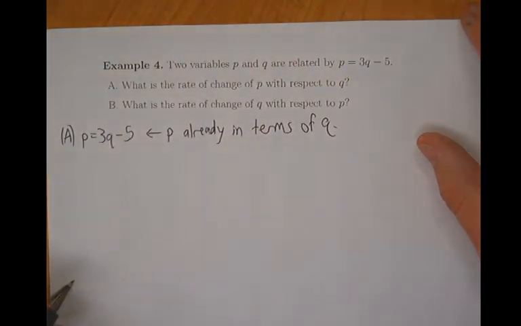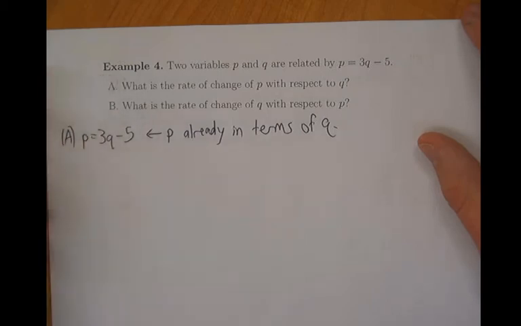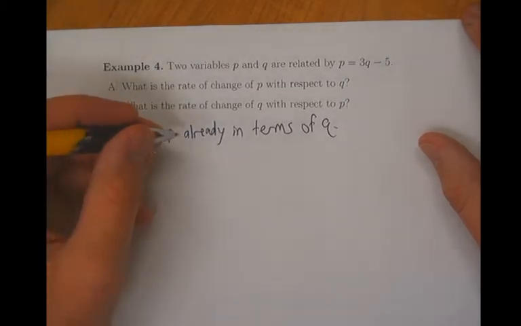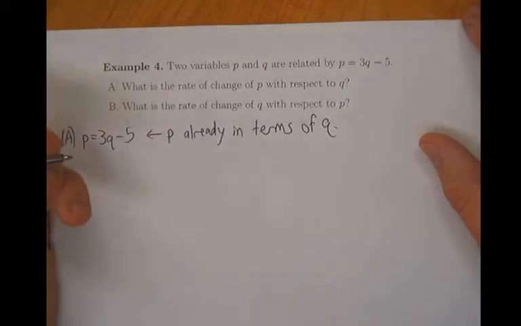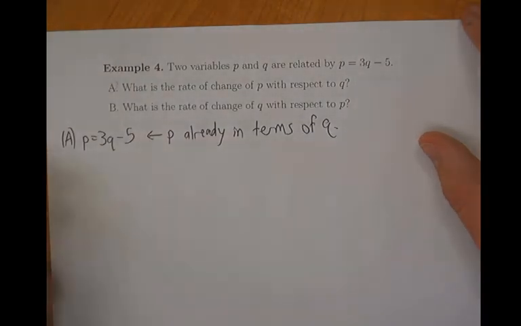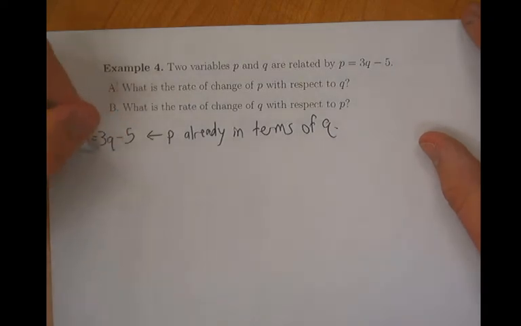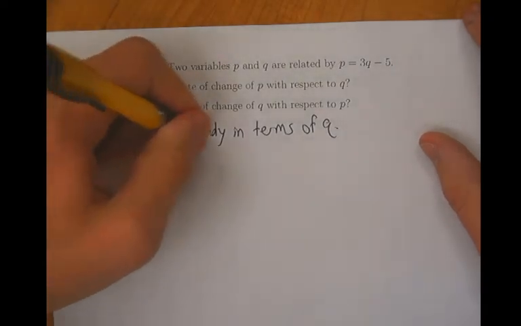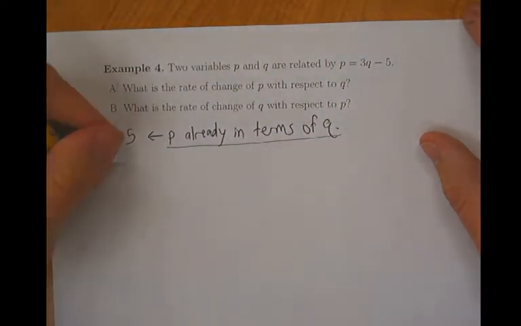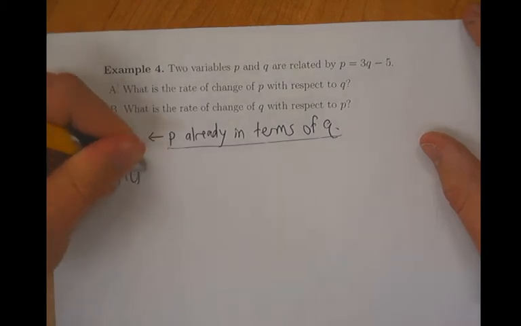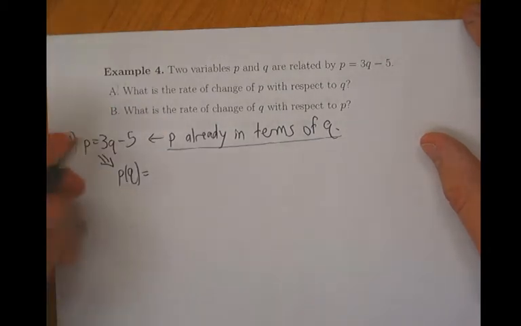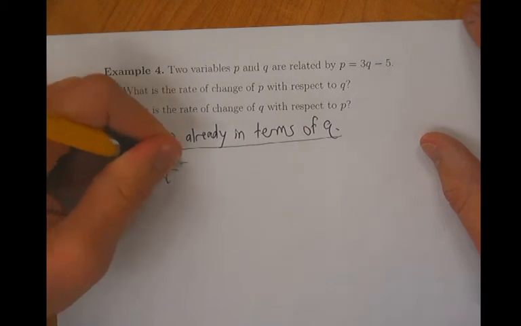So for part A, we're trying to figure out the rate of change of p with respect to q, right? So what should that tell us about our derivative here? So in this case, what this sentence is saying is that we have p as a function of q is 3q minus 5.